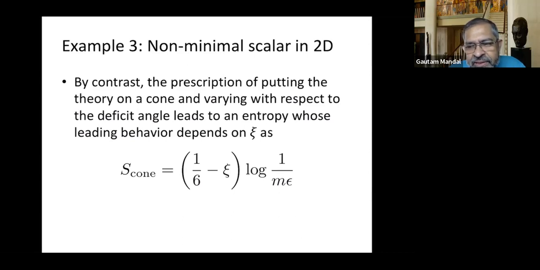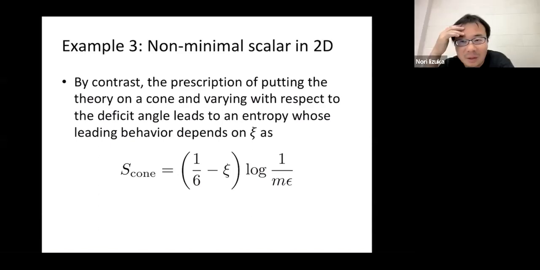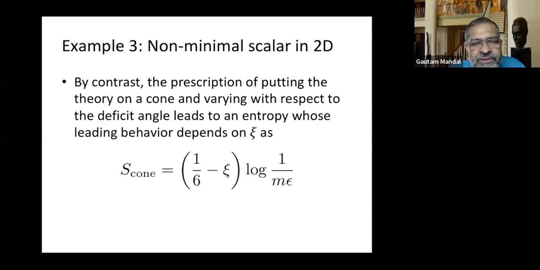There's some work which says that it has to be log of 1 over M epsilon. And I thought that the coefficient had to be 1 over 6. But the Xi appearing there seems to make it wrong. I'm saying this 1 over 6 log 1 upon M epsilon.